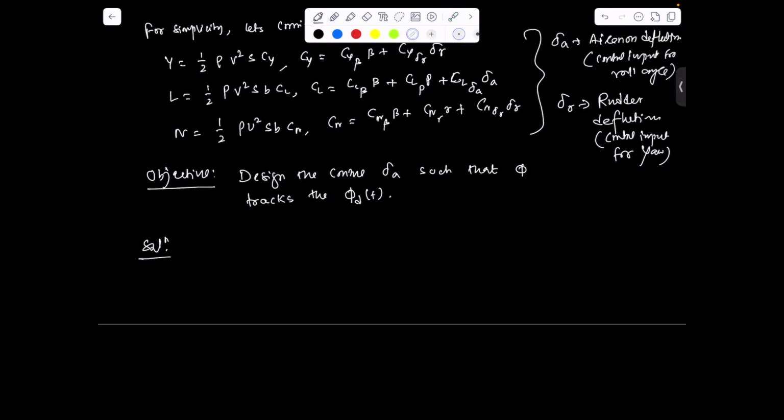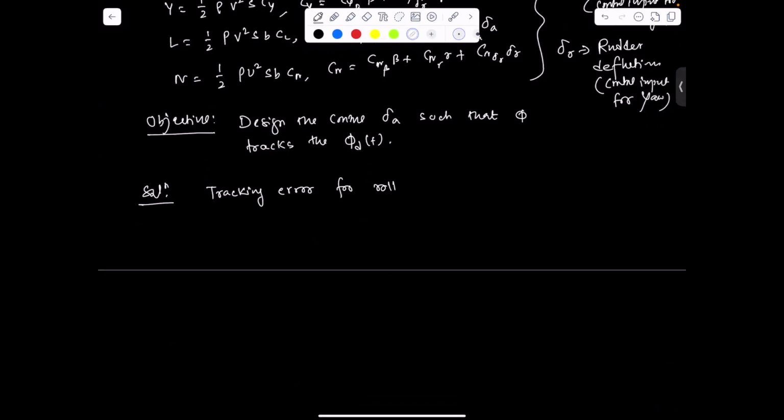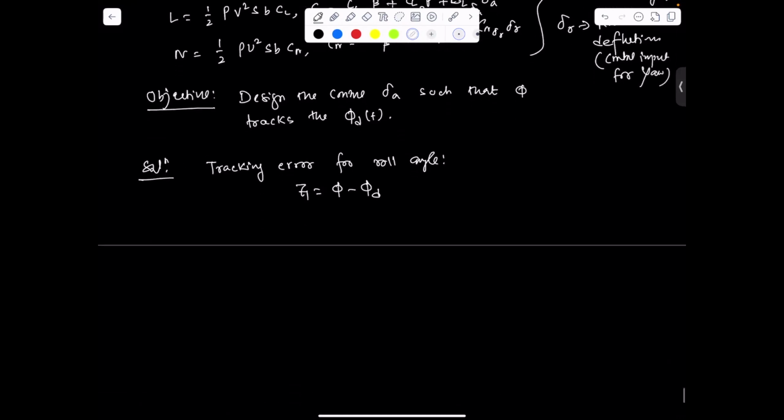So let's start solving the problem. Solution. First let us define the tracking error because we have to track a particular trajectory. So we need to have the tracking error for roll angle. We can write z1 equal to phi minus phi desired.